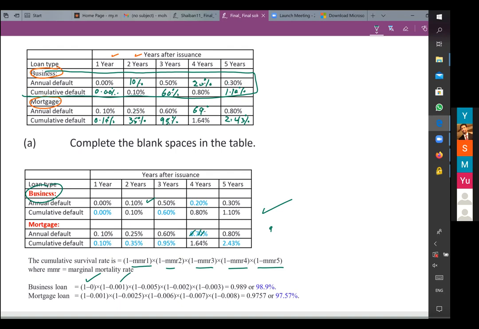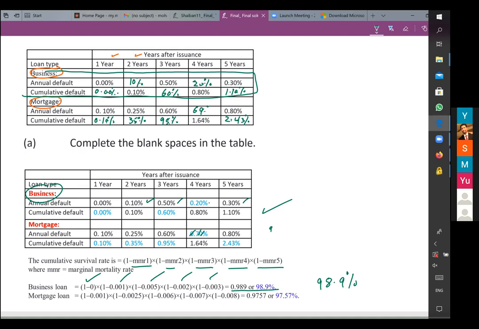and year 3, it's not 10%, it's 10 basis points, 50 basis points, 20 basis points, 30 basis points, and therefore survival is 98.9%, which is 1 minus all the defaulting through those 5 years.